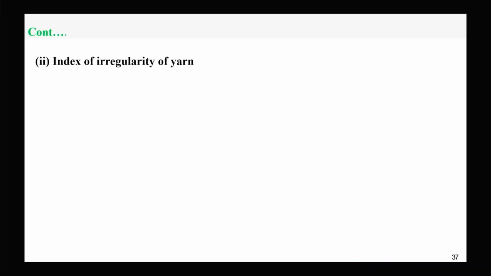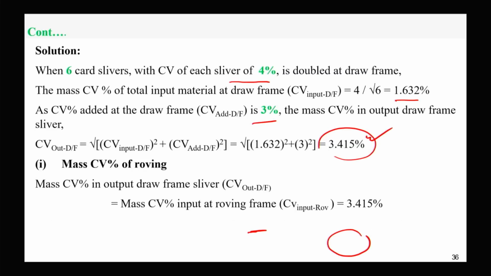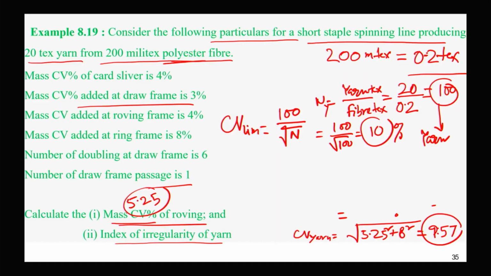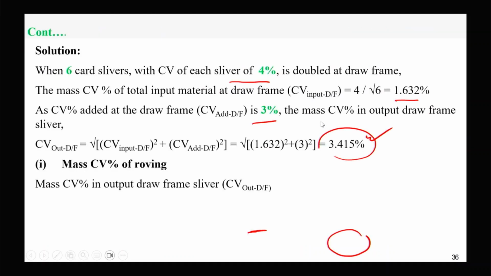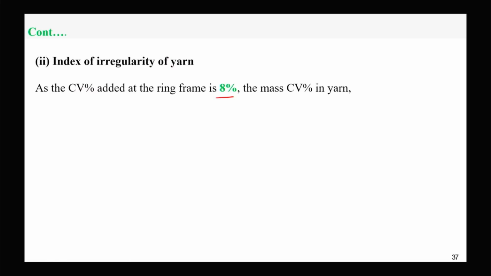Then 8% was there. So the index of irregularity, this is the CV limit. So the CV added in the ring frame is 8%.